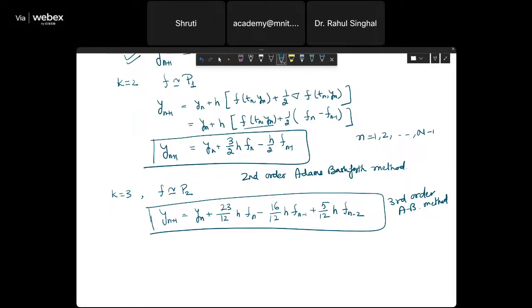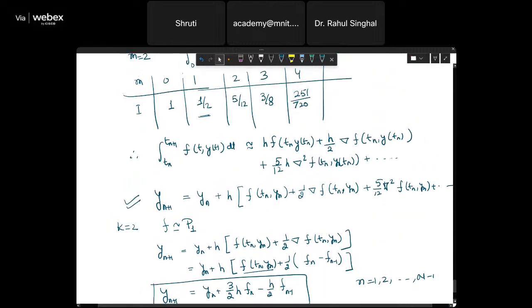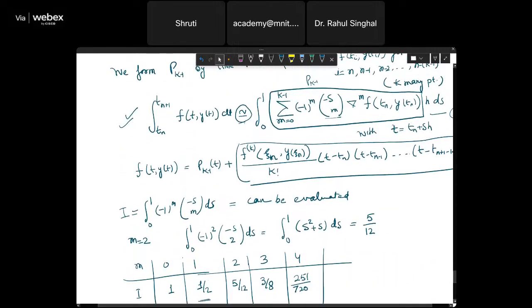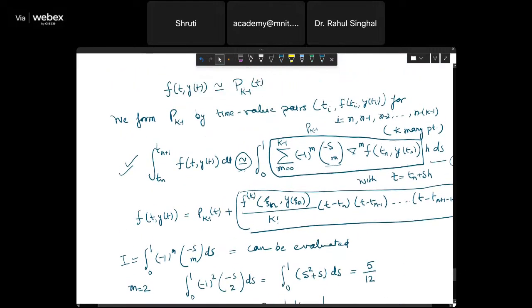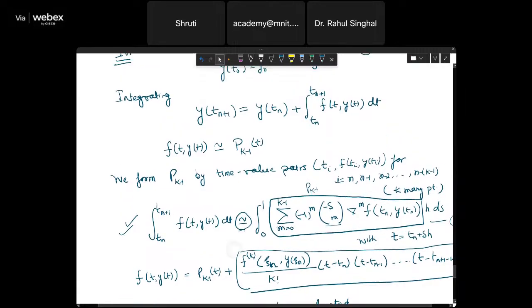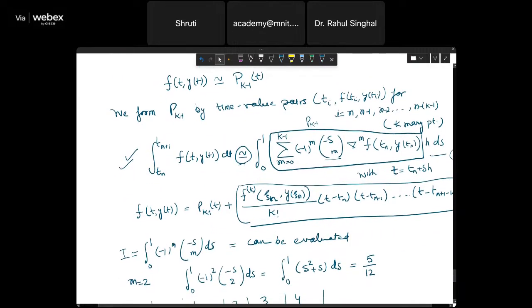Now if we talk about the local truncation error involved in it, the idea will remain the same as I discussed for the single step methods. If I go back to the approximation part for the function f, I mentioned that this is the error term involved in the approximation.